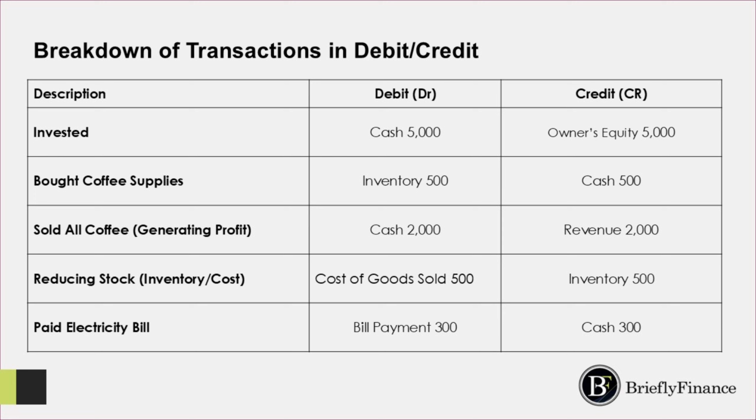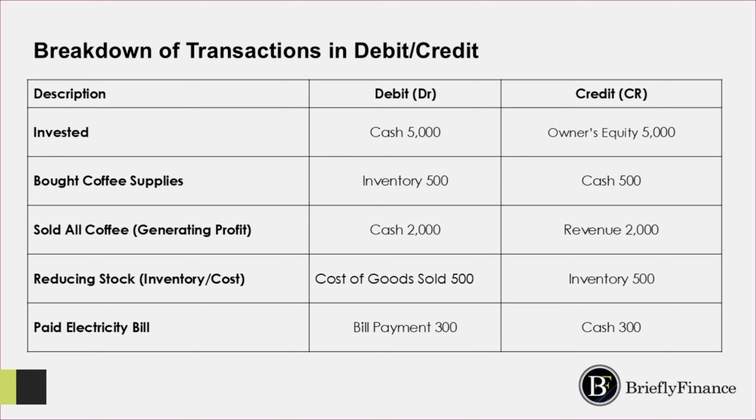Then again, it bought coffee. It increased the inventory, which is debit, and decreased the cash, credit. When it sold all the coffee, it gained the cash, debit, and then credit the revenue. Also, if you notice, there is the reducing of stock, because we still had supply, but now there is no supply.